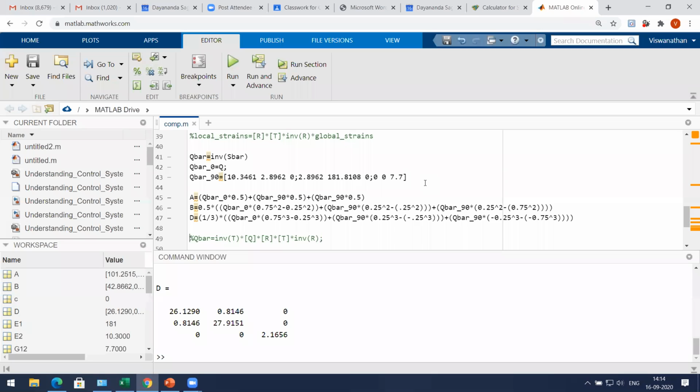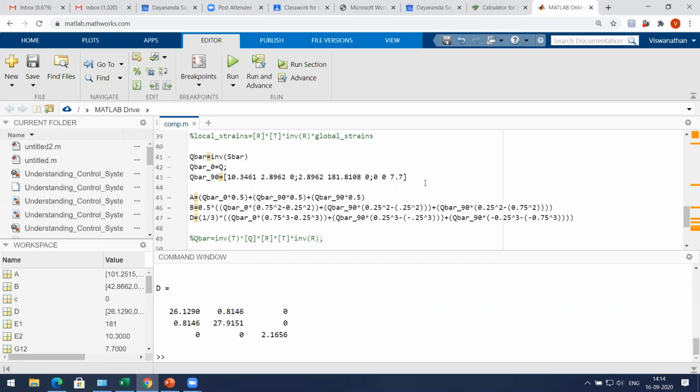That's how I've written the code. It's not very optimized, but it's good for learning, because I want MATLAB to help in calculating all this Q bar. Suppose the laminate sequence is 0, 45, 60, 90; you don't need to calculate for 0, but for 45, 60, 90 you need to calculate Q bar for all three.